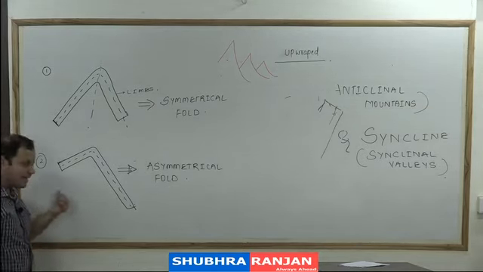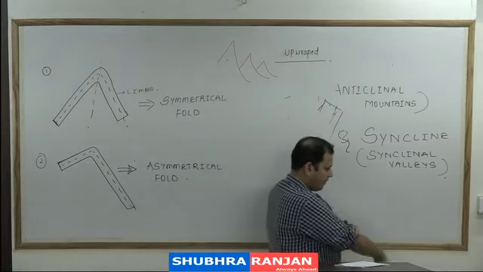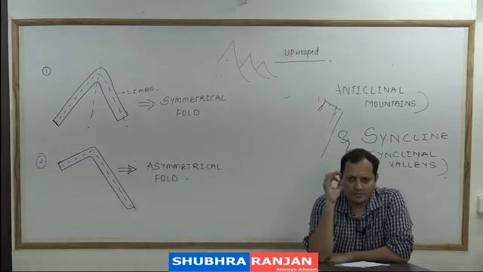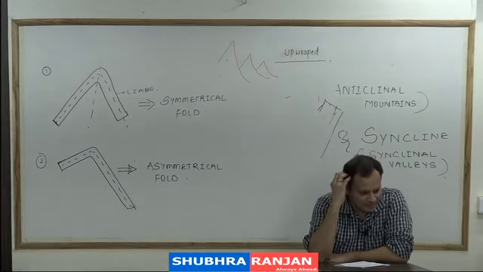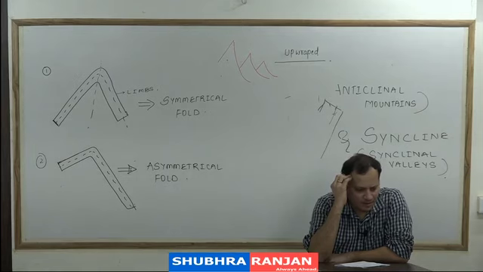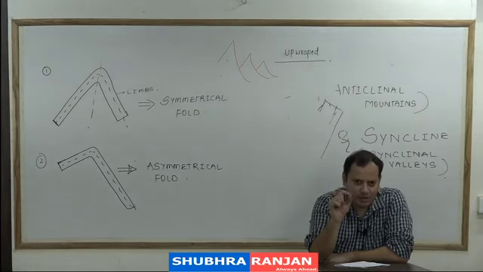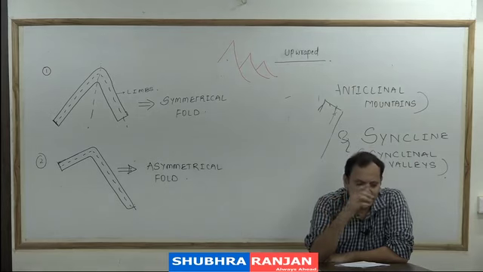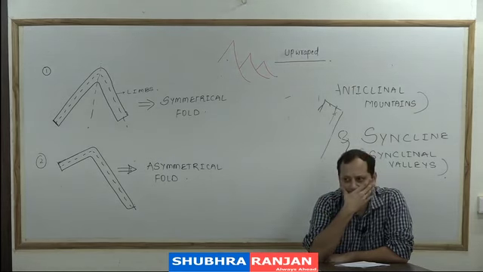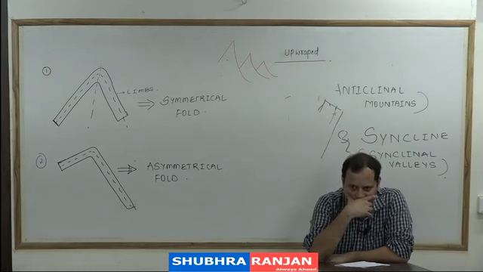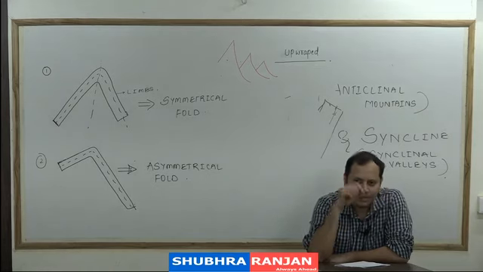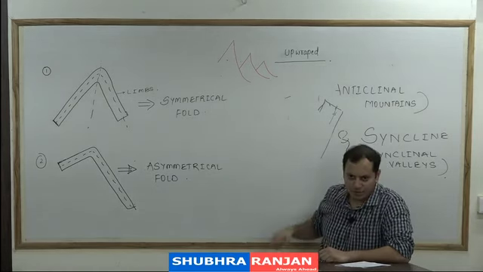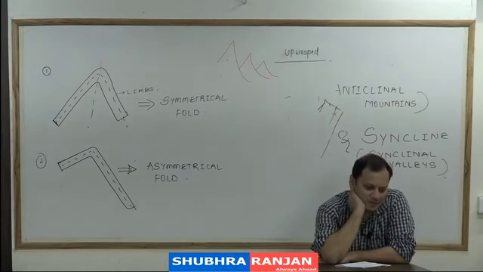On the other hand, if one limb is inclined at a steeper angle, or if both the limbs are inclined at different angles, then it is known as an asymmetrical fold.